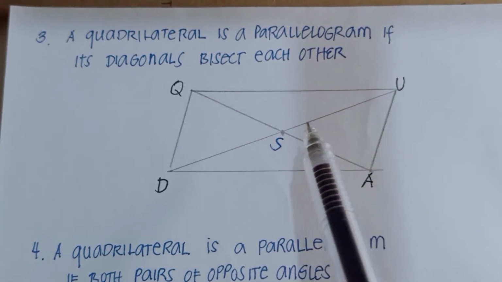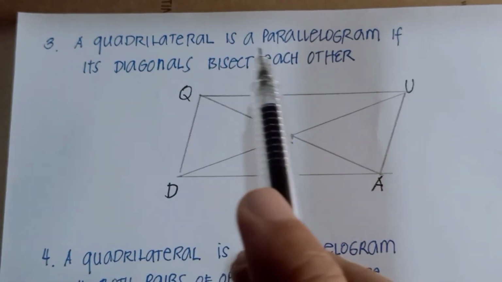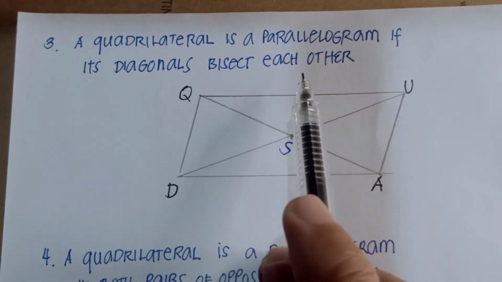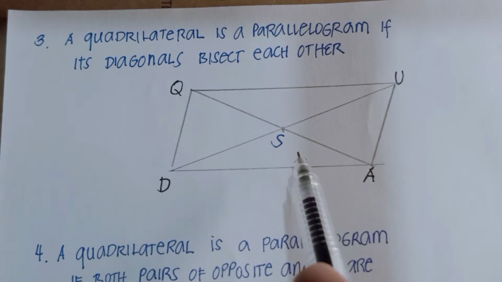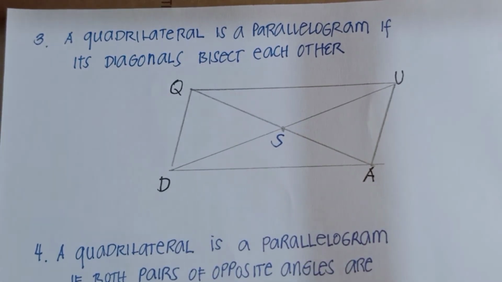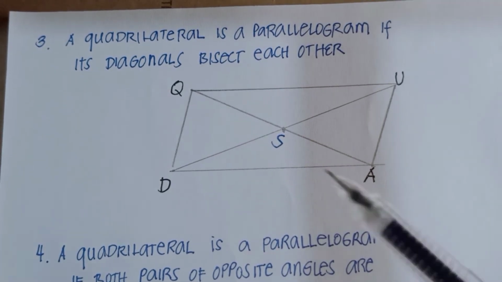They intersect at point S. Okay. Ang quadrilateral daw ay parallelogram kapag ang mga diagonal daw niya bisect each other. Meaning, yung QA daw passes to DU at its midpoint. Ganon din yung DU sa QA.